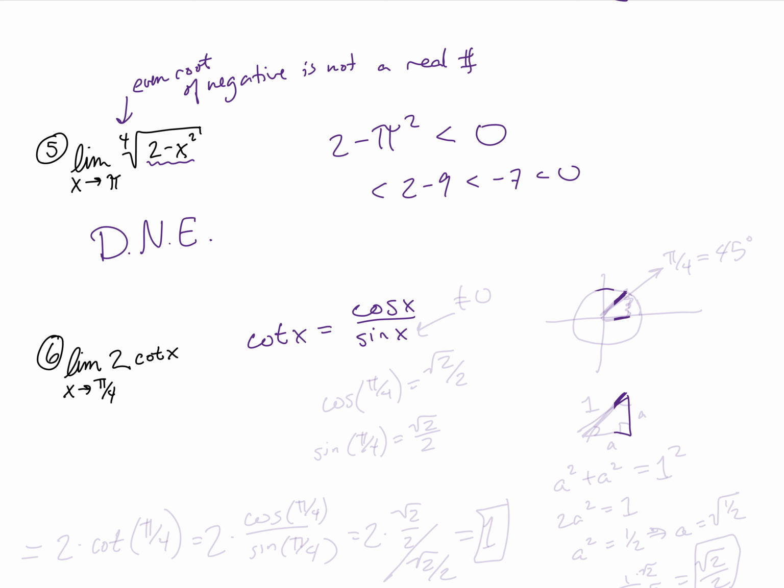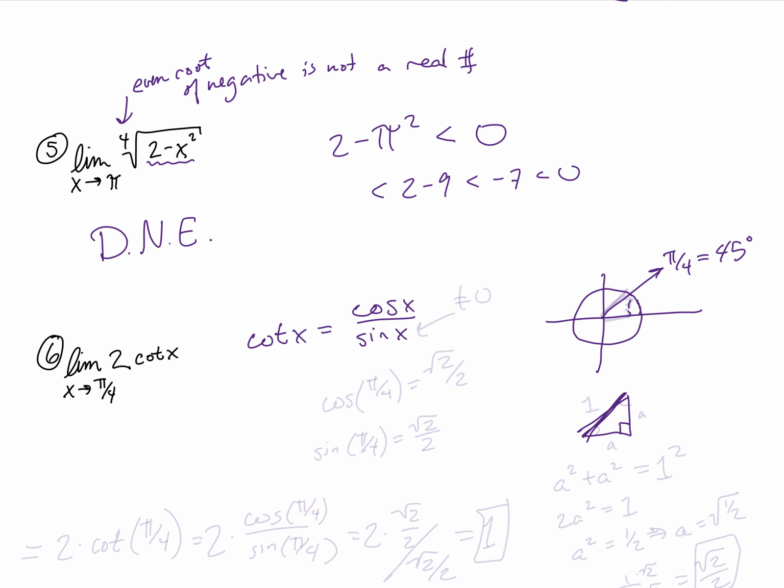If we want, we could do the unit circle again. So if we've got the unit circle, this is now an angle of pi over 4, or 45 degrees. And so if we pull out just the triangle, it's a 45 degree angle triangle.